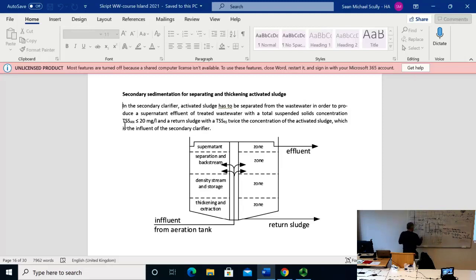And then you get the sludge volume index, which is SV divided by TSS. And this is actually in milliliters of sludge per gram of sludge.